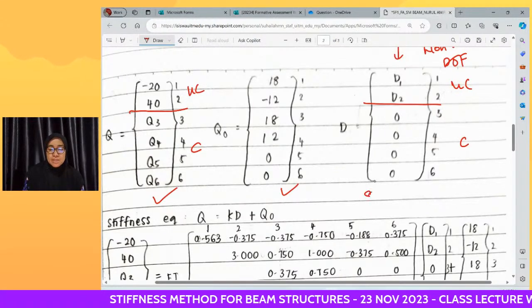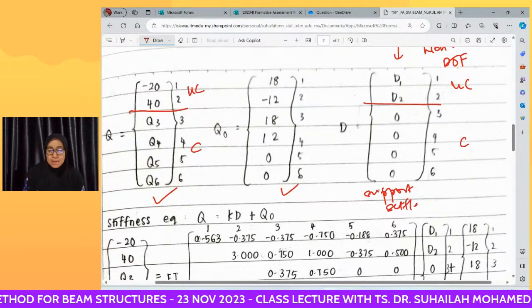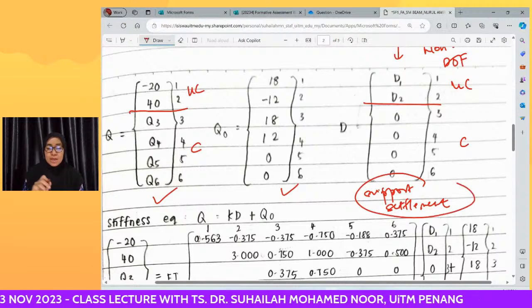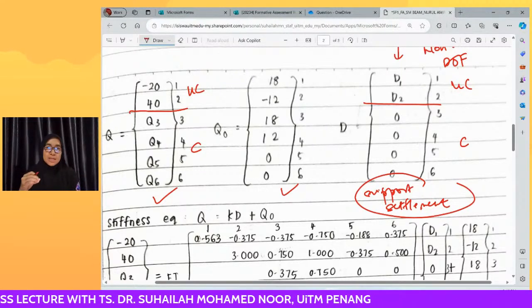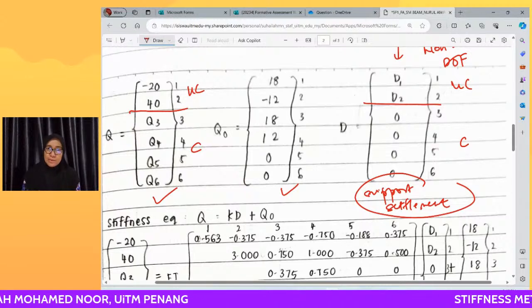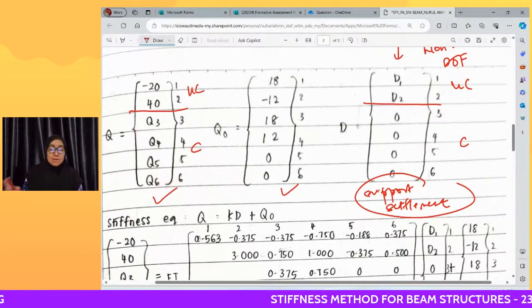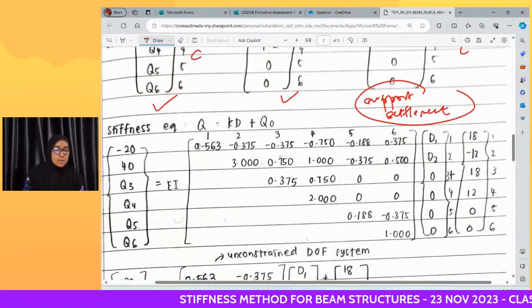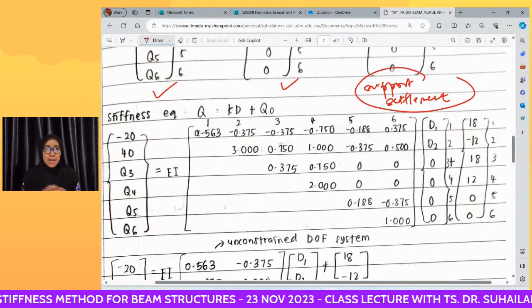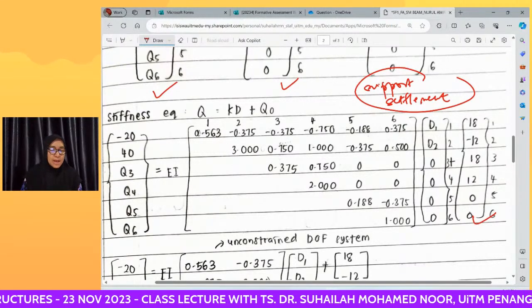When support settlement occurs, based on the given position, some of the zero values here will have value. So the stiffness equation is Q equals KD plus Q naught, like this.